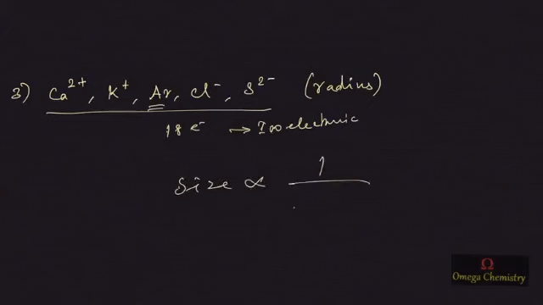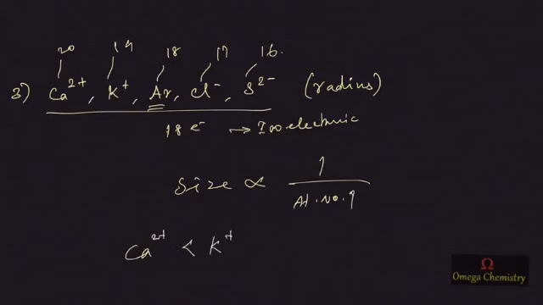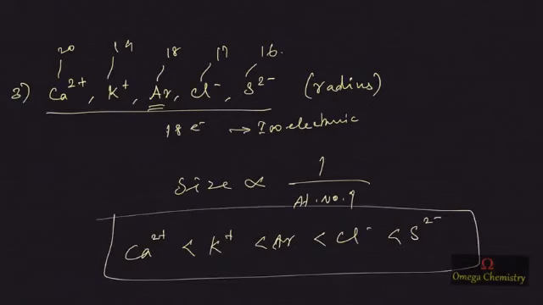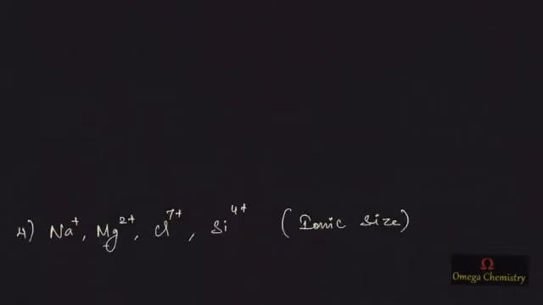The atomic number of this one is 20, this is 19, this is 18, this is 17, and this is 16. So if atomic number increases, size will decrease, which means calcium 2 plus is smallest, then potassium ion, then argon, then Cl minus, then S2 minus. So the sulfide ion, S2 minus, is the one with the biggest size.